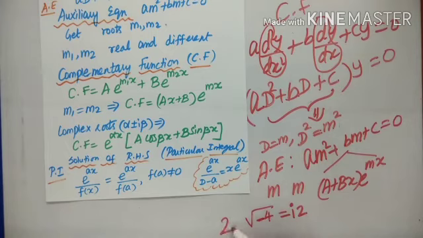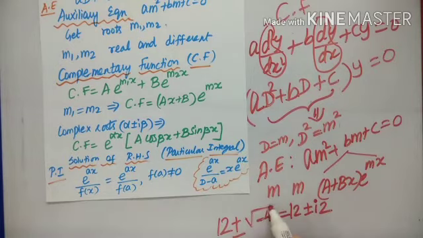So my question is like this: 12 plus or minus root of minus 4 is coming. My answer will be 12 plus or minus 2i. This minus inside the root gives me i and square root of 4 is 2. Remember, negative number inside the square root gives rise to imaginary called i.